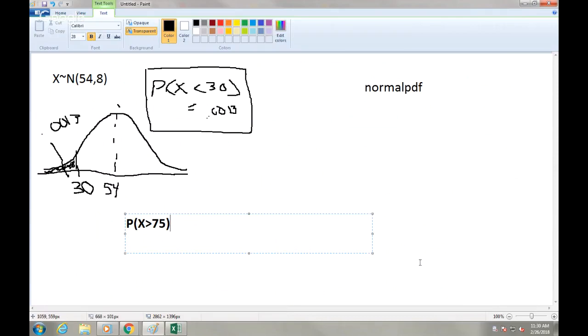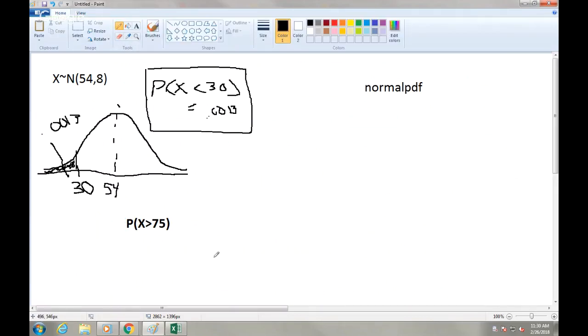Again, we draw a picture of the normal distribution. This particular one is normal with mean 54. So 75 is somewhere up here, and this area up here happens to be what we want.